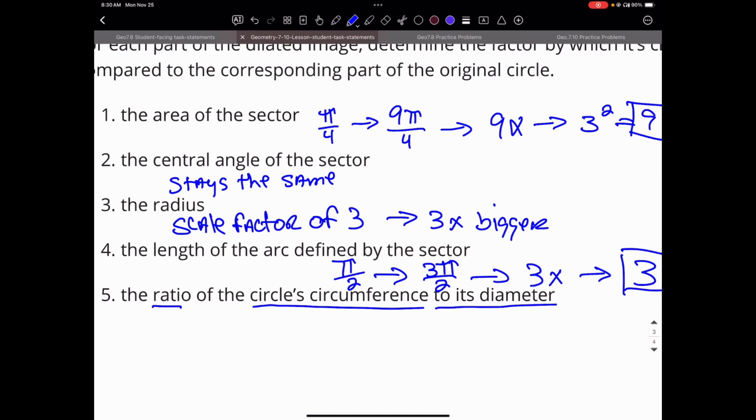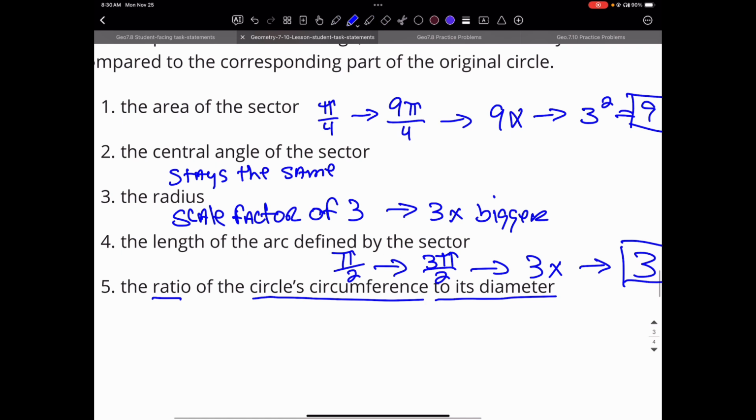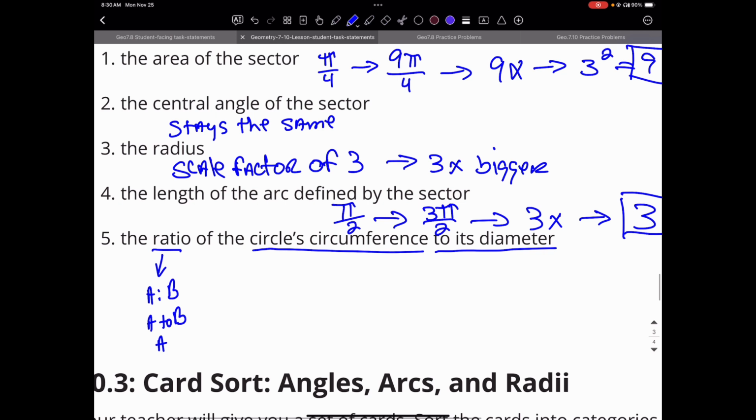Let's talk and speak in general terms. What is a ratio? A to B, A to B, or A to B, right? That's how you write a ratio. I'm going to use this one here.